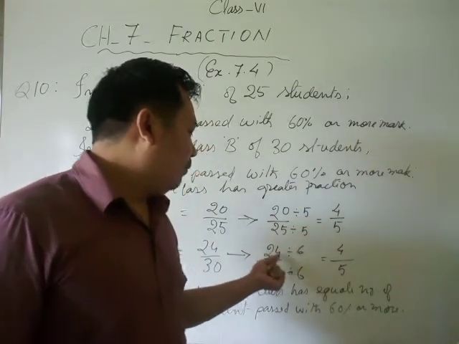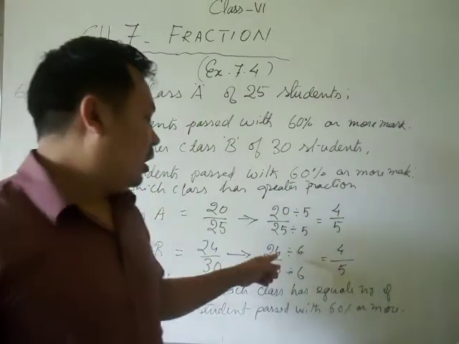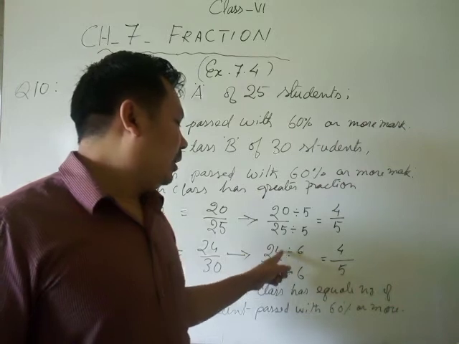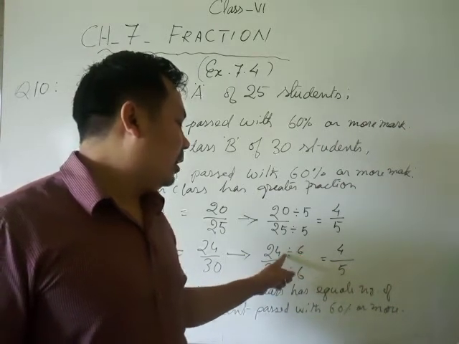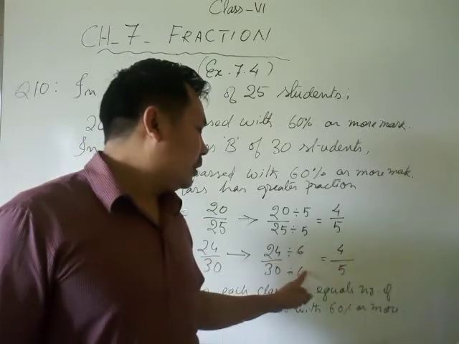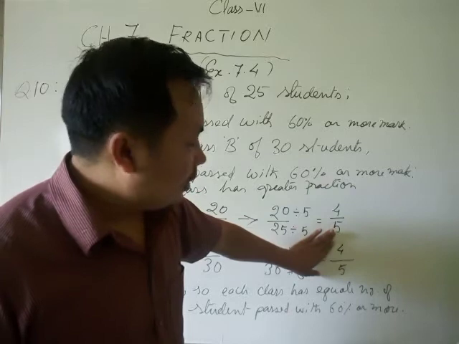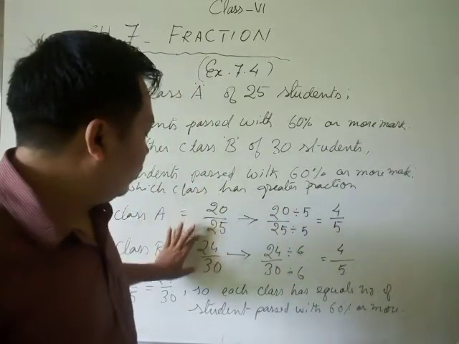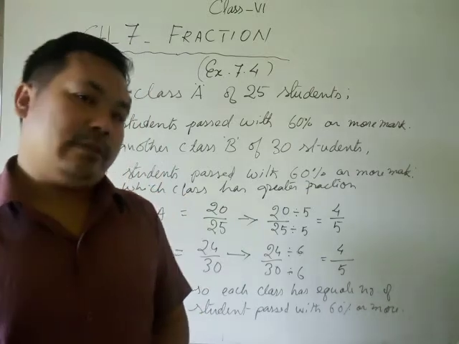Again, 24 and 30: the HCF is 6. So divide the numerator and the denominator of this fraction by 6. We get 6 4s are 24 and 6 5s are 30. Here you see, the lowest form of these two fractions is 4 by 5, 4 by 5.